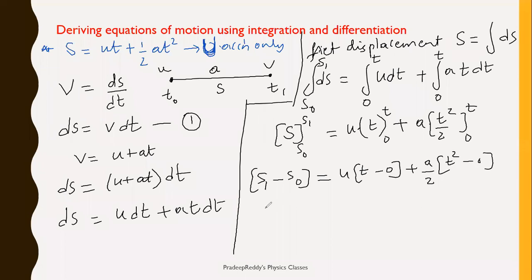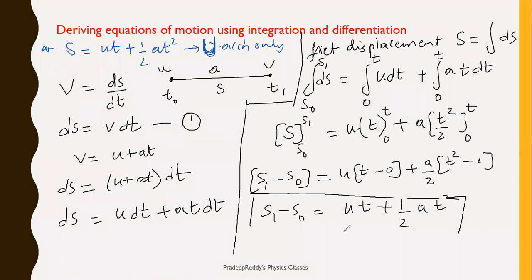This is s1 minus s0 is equal to ut plus half at square. This is the final expression, and it is applicable for non-uniform acceleration also.